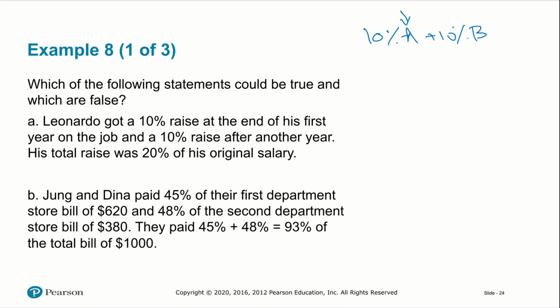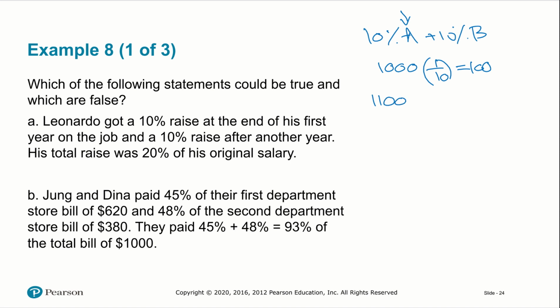So a quick example will make you realize why this is so untrue. Let's say that the original salary was $1,000. Pick a nice number to work with, right? When you find 10% of that, that's 1/10, so that's 100. Notice the salary at the beginning of the second year was $1,100.